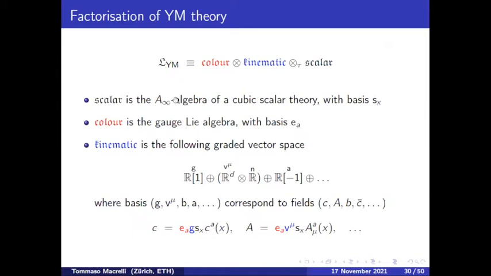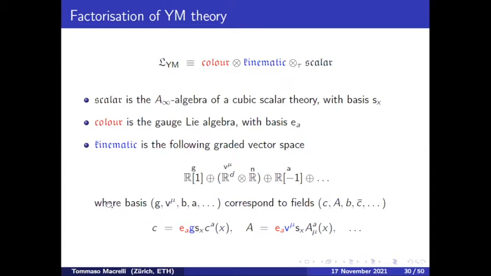and then kinematic. Kinematic is given as a graded vector space spanned by a basis that corresponds to the Poincaré representation of the fields of our theory. Since this is already the strictified Yang-Mills theory, aside from the usual ghost, gluon, Nakanishi-Lautrup, and anti-ghost fields, we will have also an infinite number of auxiliary fields.